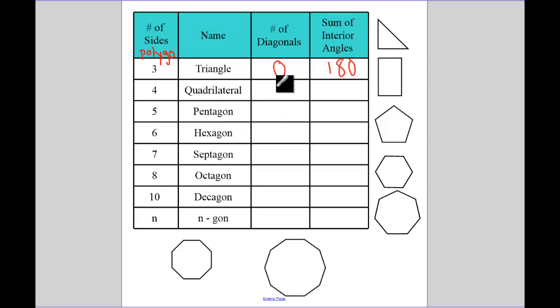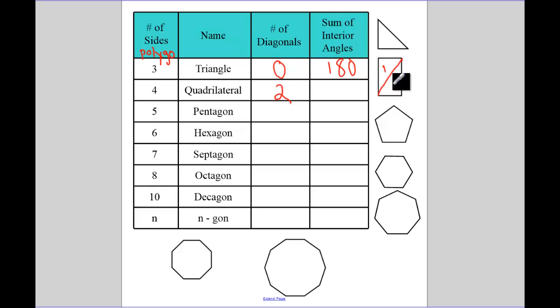Now, a quadrilateral. Number of diagonals. Here's a quadrilateral. I have 1, 2 diagonals. Sum of the interior angles. How I like to explain that to students is if you just draw one diagonal, you've split this into 2 different triangles.